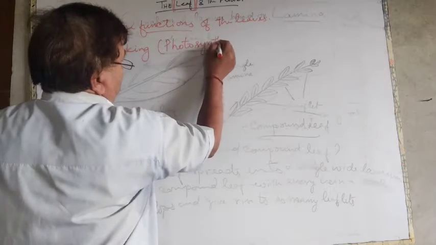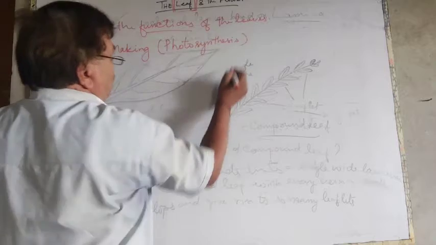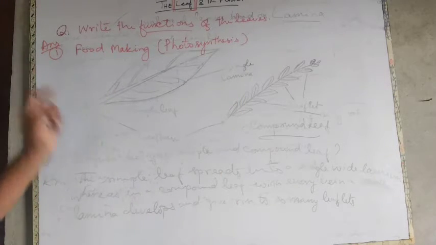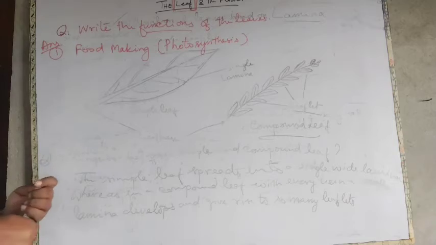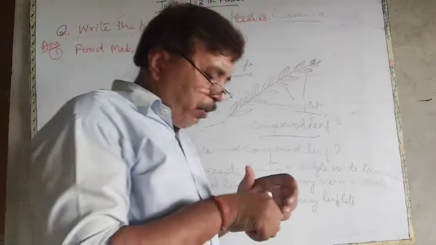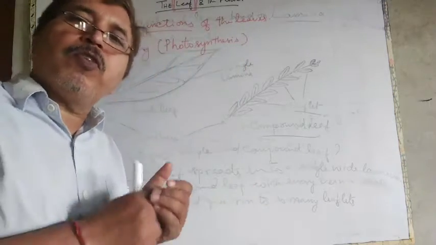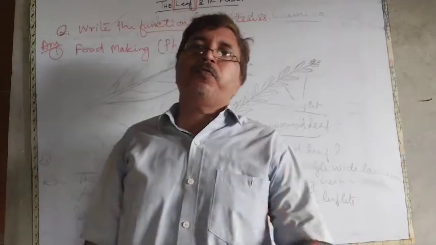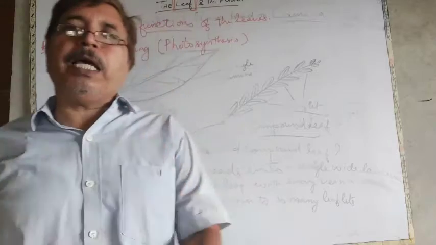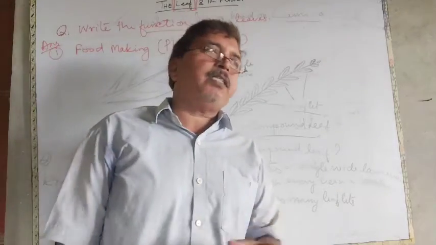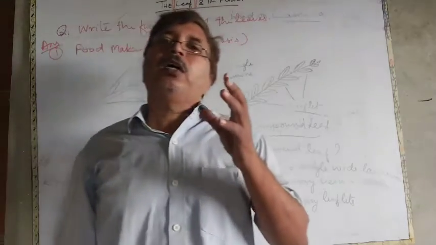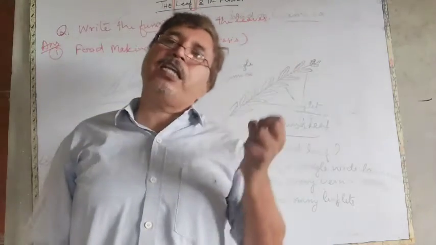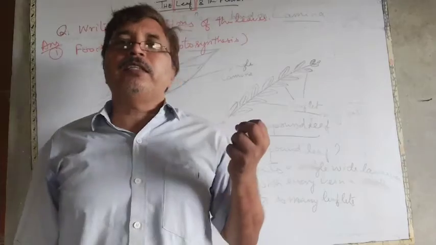This photosynthesis takes place inside a green leaf only, because the leaves look green because of one important organelle present in the cells of the leaf, known as chloroplast. And this chloroplast has the parts that can trap the sun's light for energy.